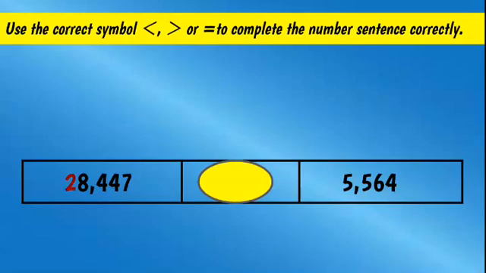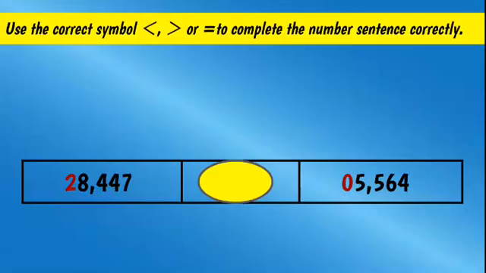So let's compare our first digit. Our first number has 2, which will be a value of 20,000, and we go to our next number. Here we have 0, since that number has no 10,000s digit.